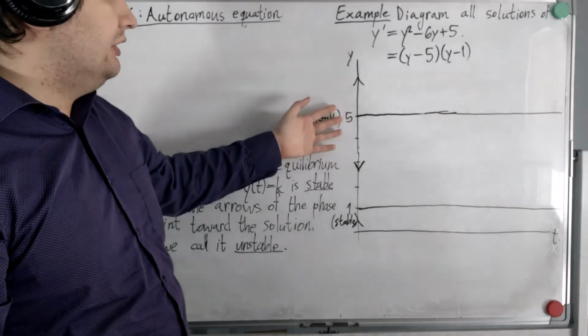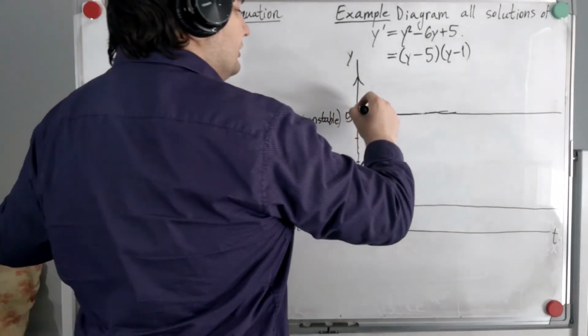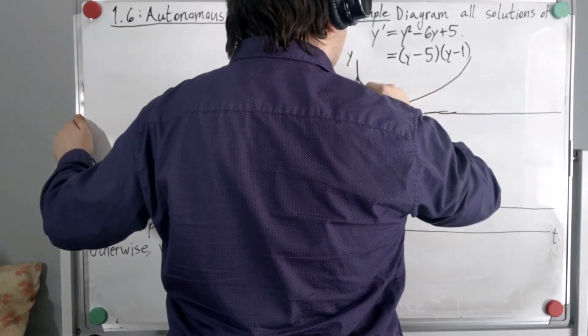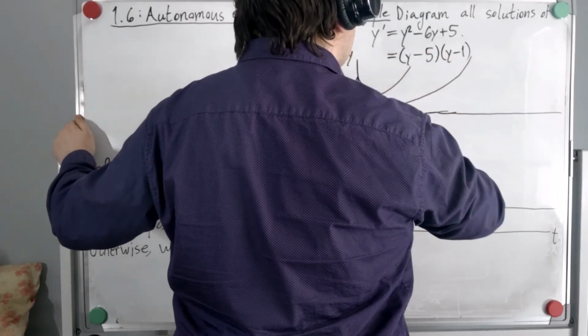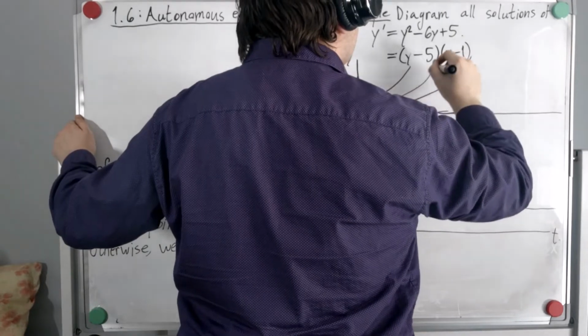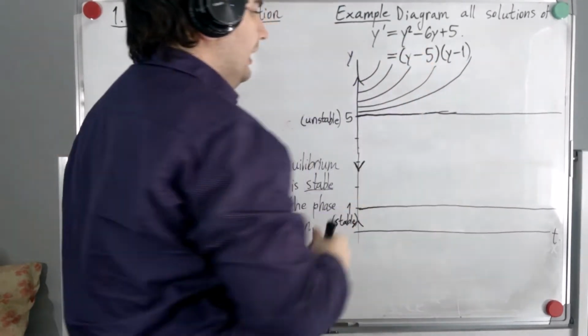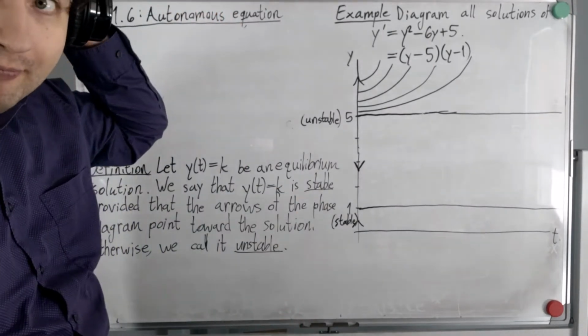So for an unstable equilibrium solution, the solution curves are just going to blow away from the equilibrium solution. And so we're going to get a behavior that's kind of like this. And it's also concave up.